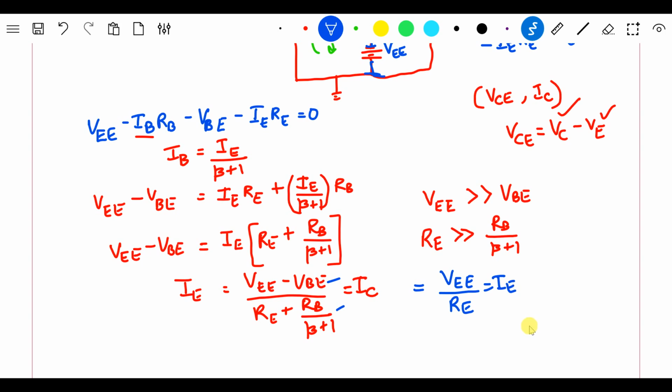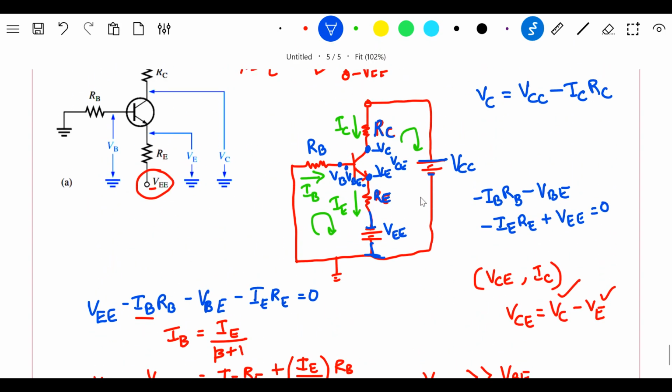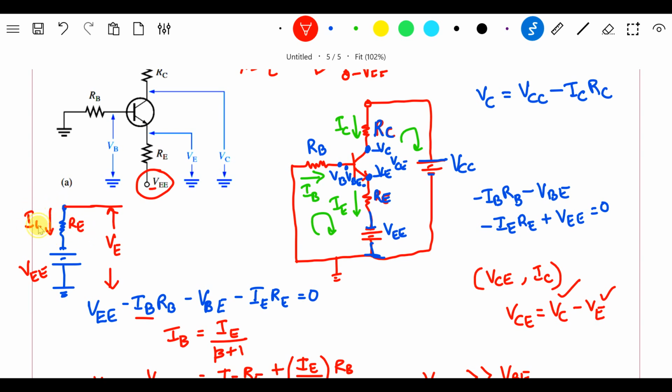Now coming to VE, I'll go back to the same circuit. If I redraw that circuit externally like this, this is your circuit which is connected to ground, and this is your VE, from here to here, whereas this supply is VEE, and this is my RE, and the current flowing through RE is IE.